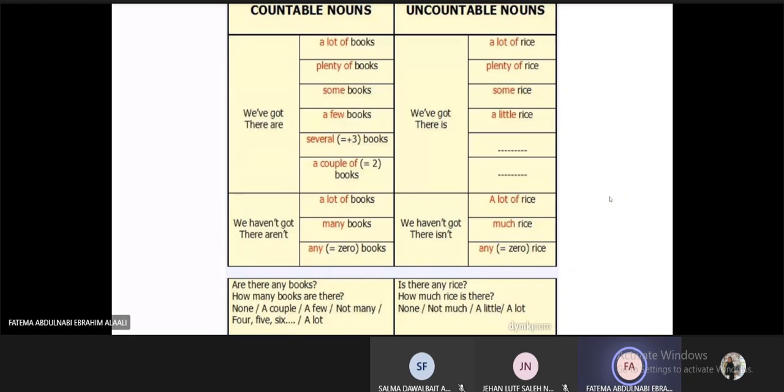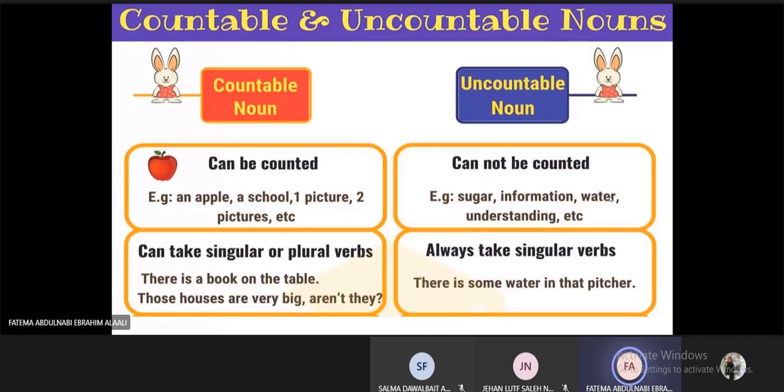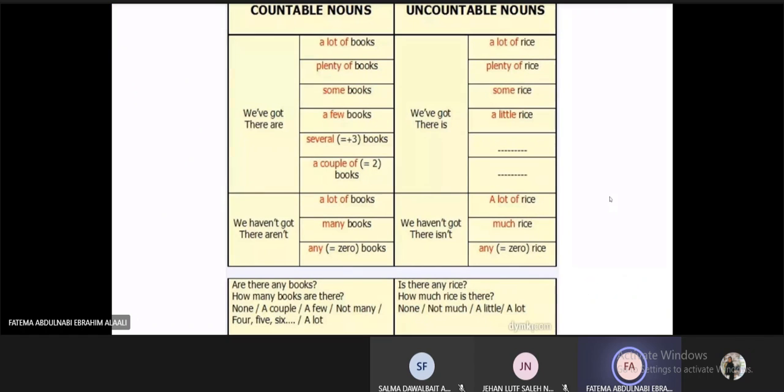So in the negative, a lot of, many, any, okay, we can use. We haven't got, they aren't, isn't, okay, focus on the verb. For the uncountable, there isn't, but for the countable, there aren't. As I said before, uncountable always takes singular verbs, okay?